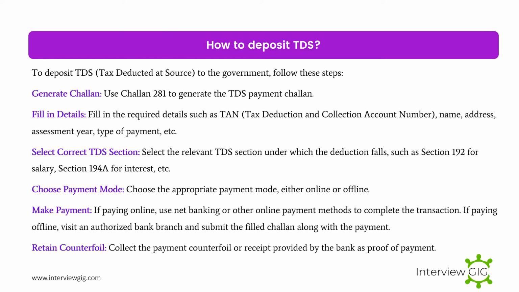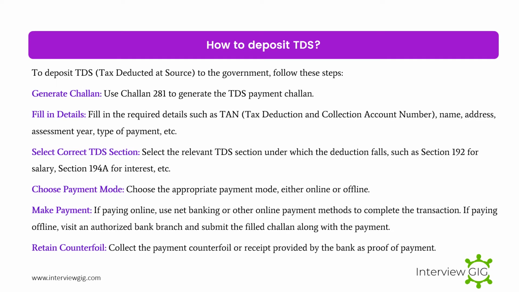How to deposit TDS? To deposit TDS, tax deducted at source, to the government, follow these steps. Generate challan. Use Challan 281 to generate the TDS payment challan. Fill in details. Fill in the required details such as TAN, tax deduction and collection account number, name, address, assessment year, type of payment, etc. Select correct TDS section.